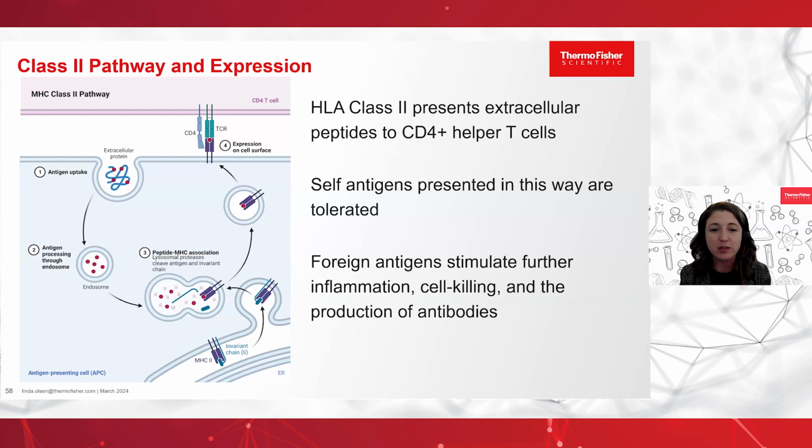Those two vesicles will bind together and the peptide be combined into the class 2 molecule. That'll move up and be expressed on the cell with the appropriate cofactors, and then will either be tolerated or that foreign antigen will stimulate further inflammation, will stimulate cell killing, and the production of antibodies.